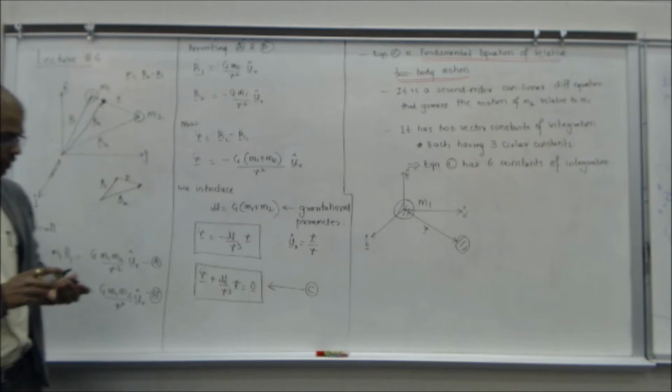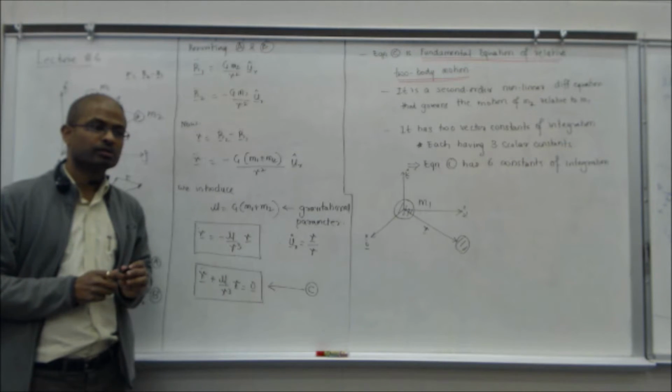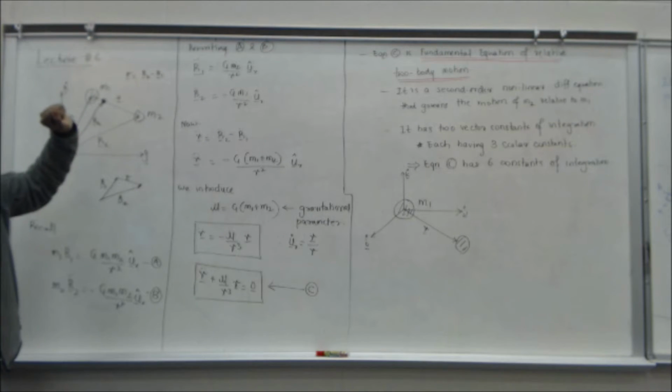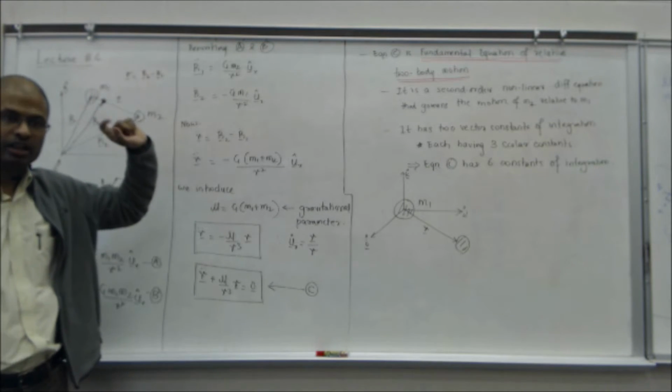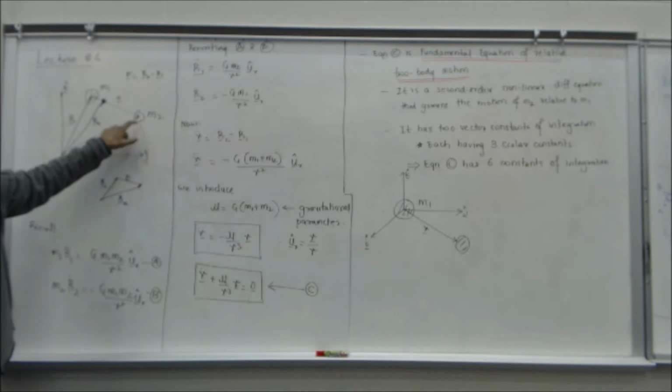If you're thinking about Earth as a homogeneous sphere, where would the center of Earth be? At the center, right? So if you add a small satellite here, would that center of mass change? It will not change much, correct?